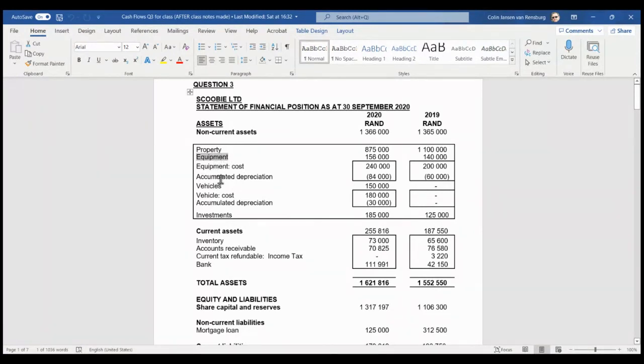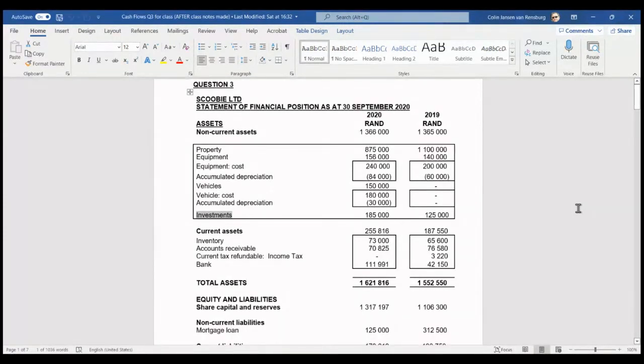There we've got the cost and the accumulated depreciation, as we've already noticed last week. We've got vehicles, so that is still part of property, plant and equipment. So we've got 3 categories of property, plant and equipment, and then we've also got investments there, which will be part of your financial assets.